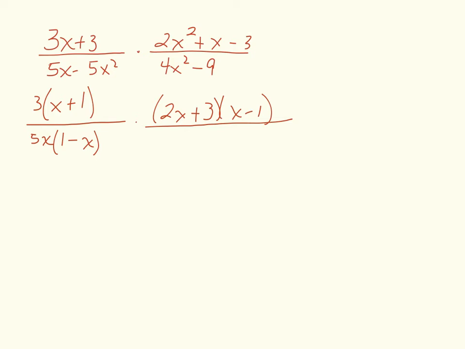Now 4x squared minus 9 is a difference of two squares. So that gives us 2x plus 3 times 2x minus 3.